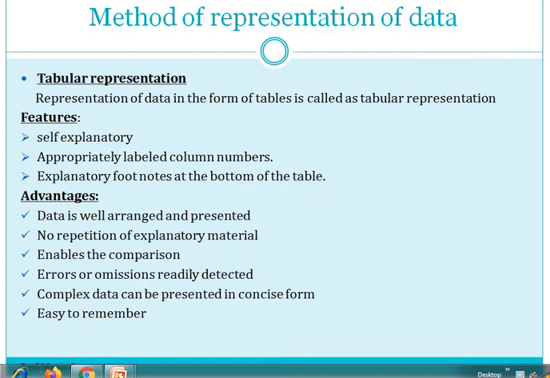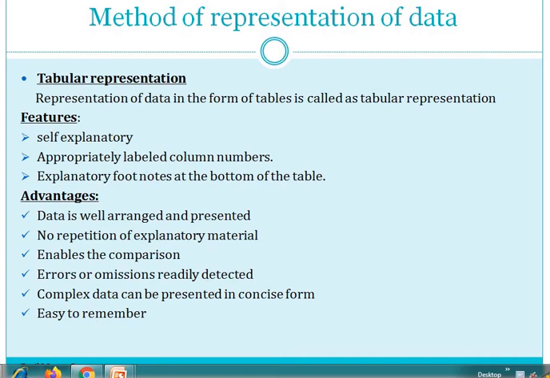Before the representation of the data, we have already discussed that if you want to do some kind of experiment, a biological experiment, the first thing is the collection of the data. Data must be collected properly. But the second most important aspect is the representation of that data.